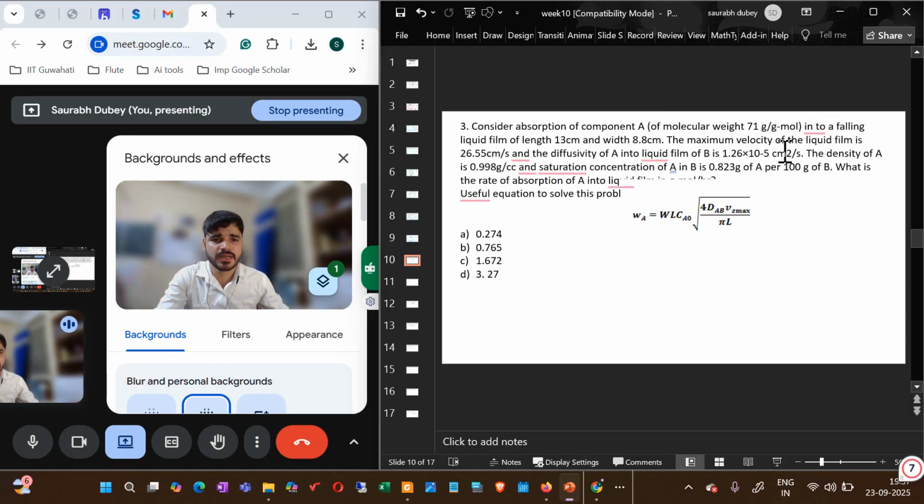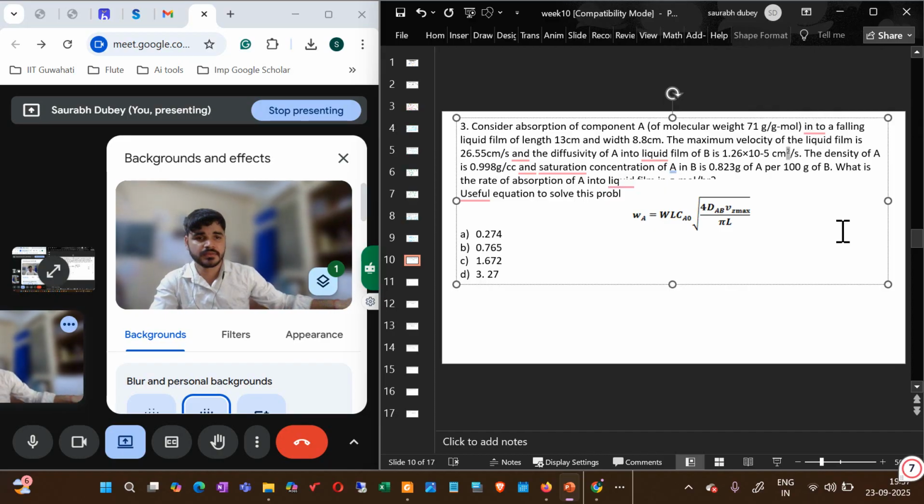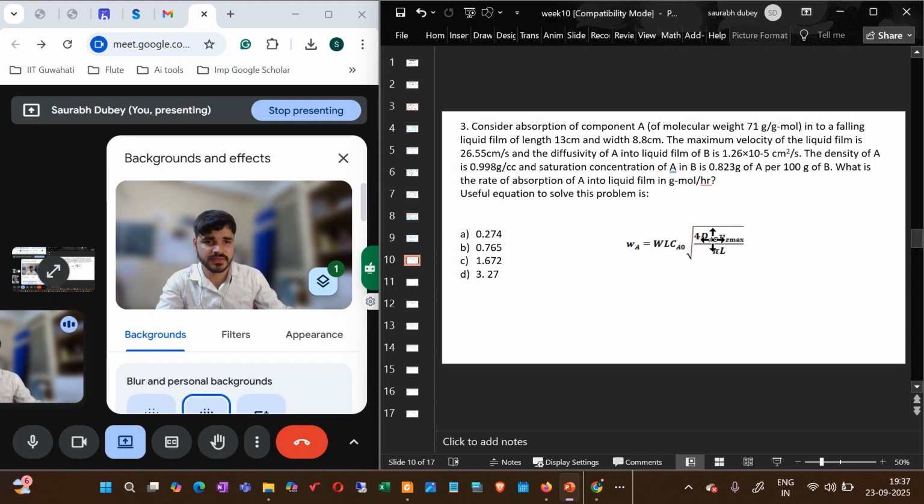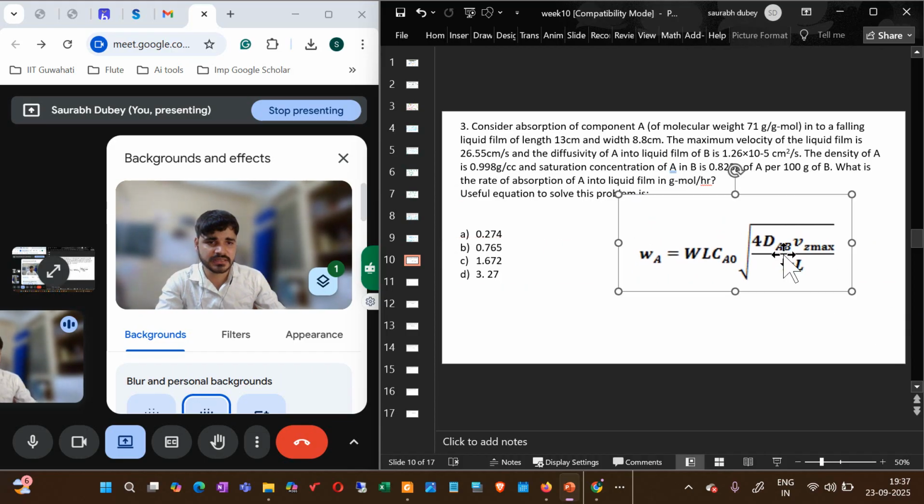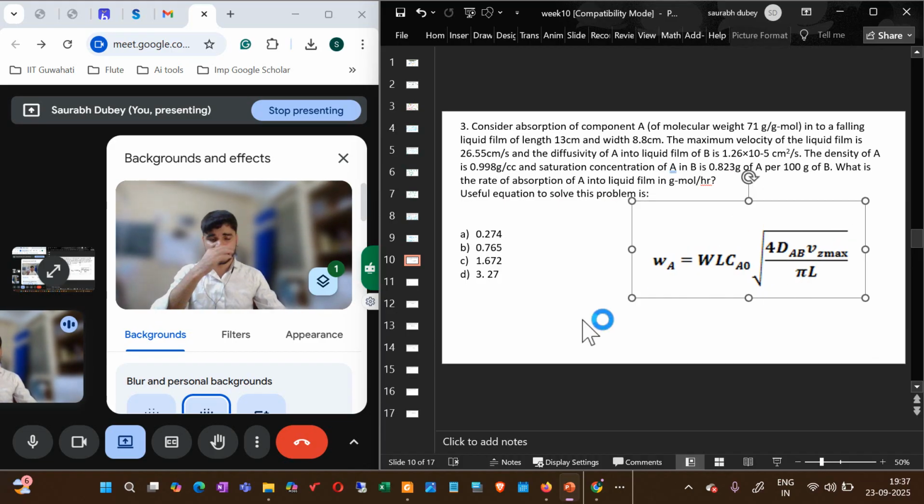Consider absorption of component A of molecular weight 71 gram per gram mole into a falling film of length 13 centimeters. So you see all the problems that we are dealing with here are almost similar to the case studies we had in the class, right? In the weekly lecture you have had similar case studies, but there everything was happening with the expressions, right?